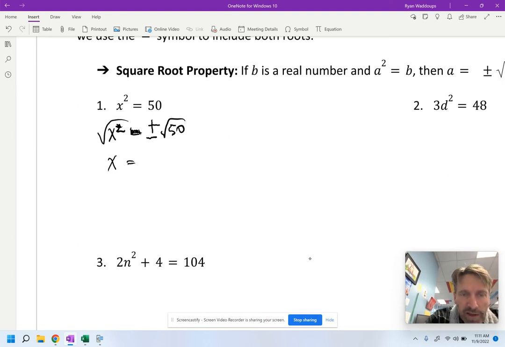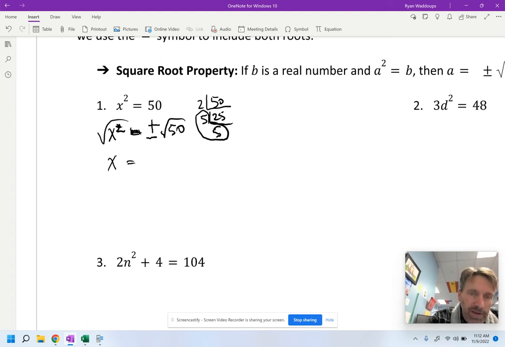Now, a lot of times you could just put that in your calculator and get a decimal, but a lot of times in math class we need to simplify it. And so I go back to 50 and I say, what are the prime factors? 2 times 25 is 50, and 25 is 5 times 5.